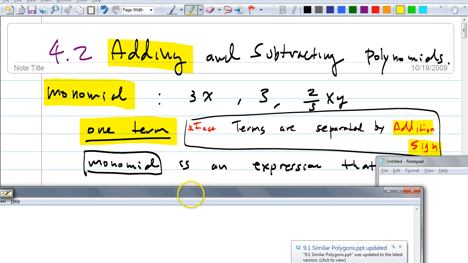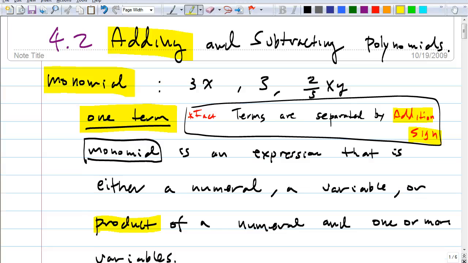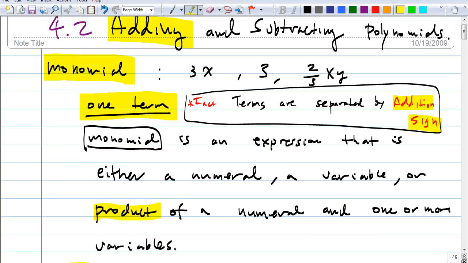So here is the definition. This is how your book defines a monomial: an expression that is either a numeral, what do you think that means? A number, a variable, or a product of a numeral and one or more variables. So a monomial is basically a number, a variable, or a product of numbers and variables.